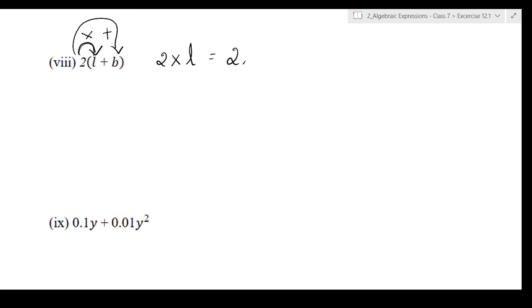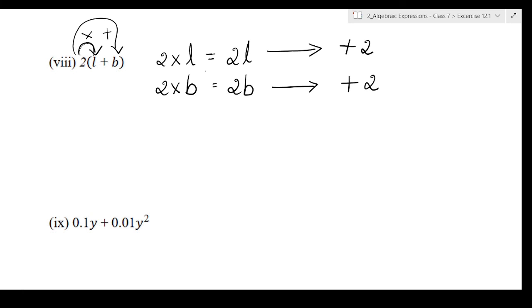It is 2l, and 2 into b is nothing but 2b. So these are the two terms, 2l and 2b. What's the numerical coefficient here? Plus 2. What's the numerical coefficient over here? Here also it is plus 2. So here you need to simplify this algebraic expression first and then go ahead and solve it.